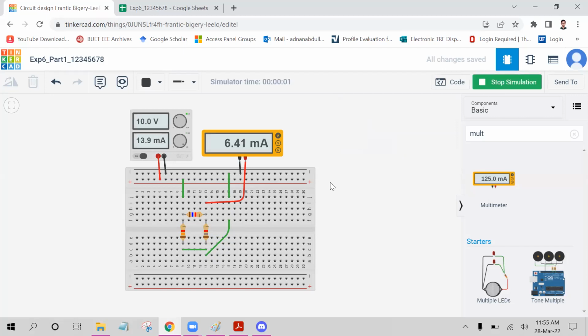Start the simulation and you should be able to observe the short circuit current, hopefully in milliampere, 6.41 milliampere. Can you see the current reading? It shouldn't be 0 or something like an error, but it should be some milliampere.